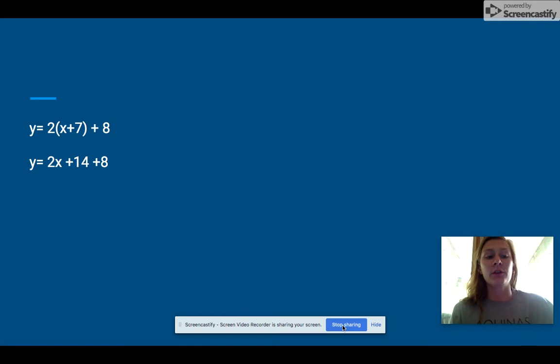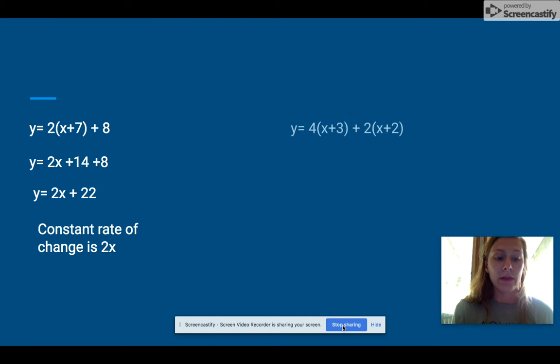You take 2 times x, which equals 2x, plus 2 times 7, which equals positive 14, plus the 8. Next, you add the like terms. So y equals 2x plus 22, as positive 14 and positive 8 add together to get 22. And the constant rate of change for this equation is 2.